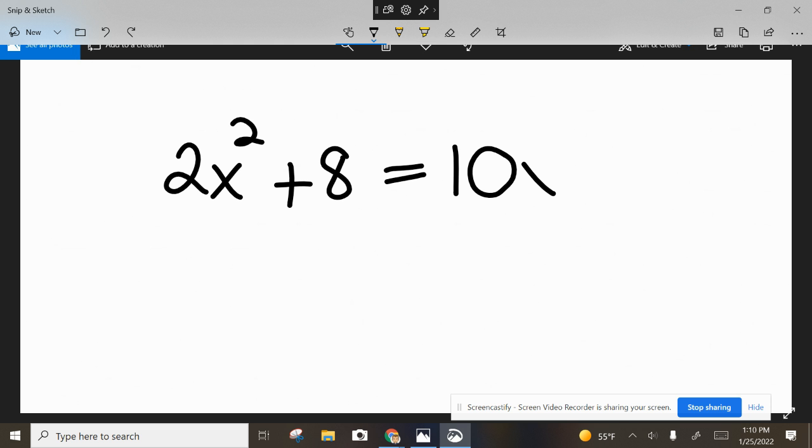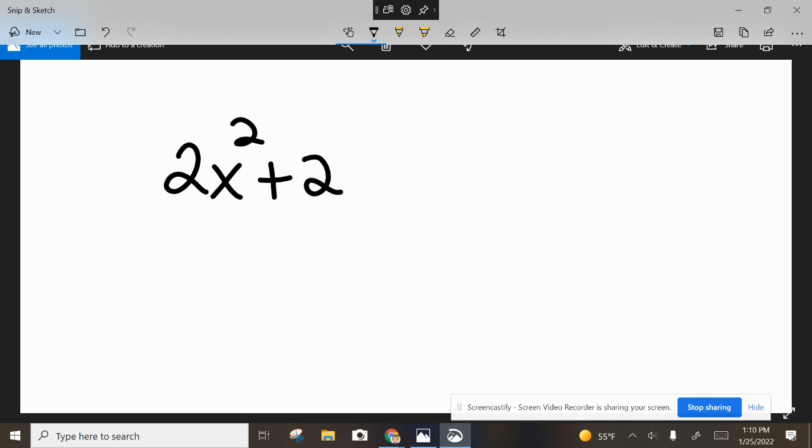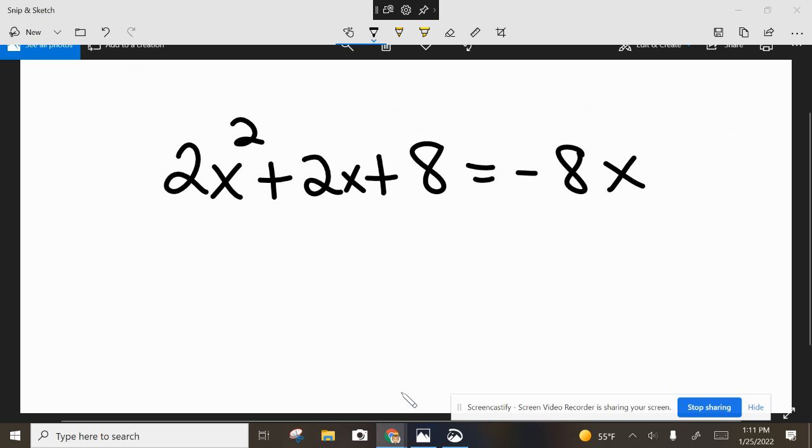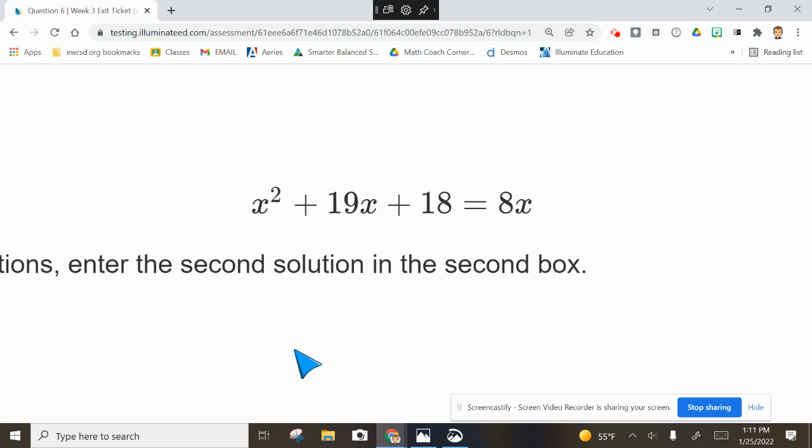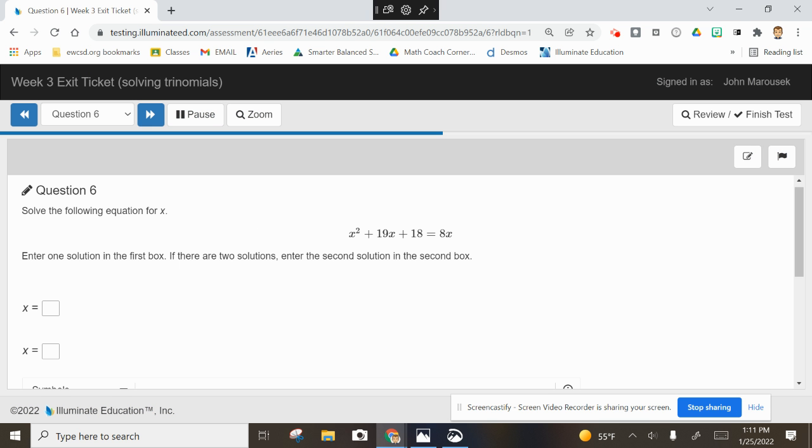Let me change this up a little bit. Sorry, guys. All right. So this is just like the problem you'll have on number 6. Is that correct? I believe that was number 6. Number 6, right? Okay, cool.